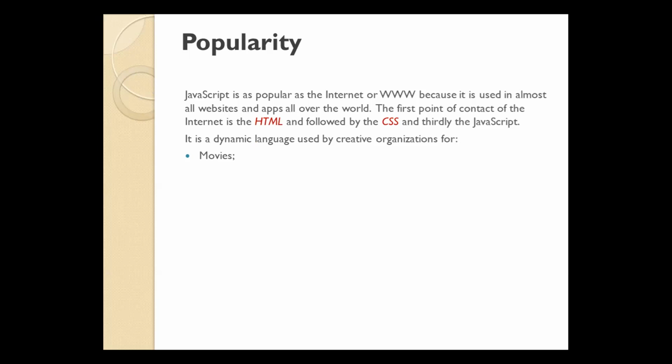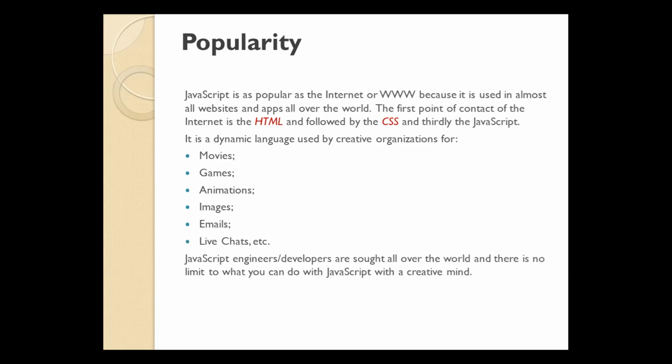JavaScript is a dynamic language used by creative organizations for movies, games, animations, images, emails, live chats, etc. JavaScript engineers or developers are sought all over the world, and those with a creative mind can do a lot of great things.